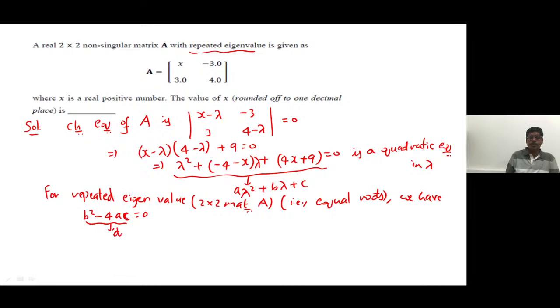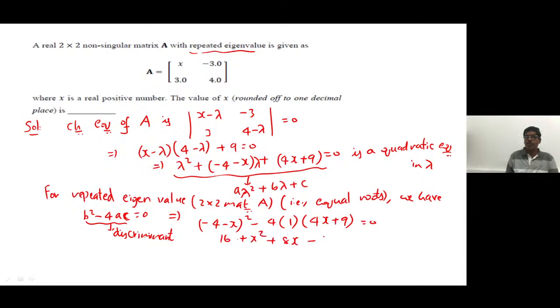This is discriminant of a quadratic equation, b square minus 4ac, you know that. B value minus 4 minus x, C value 4x plus 9, A value 1. So minus 4 minus x whole square minus 4 into A value 1 into C 4x plus 9 equal to 0. So expanding, 16 a square, b square, minus 2ab, that is 8x, minus 16x minus 36 equal to 0.